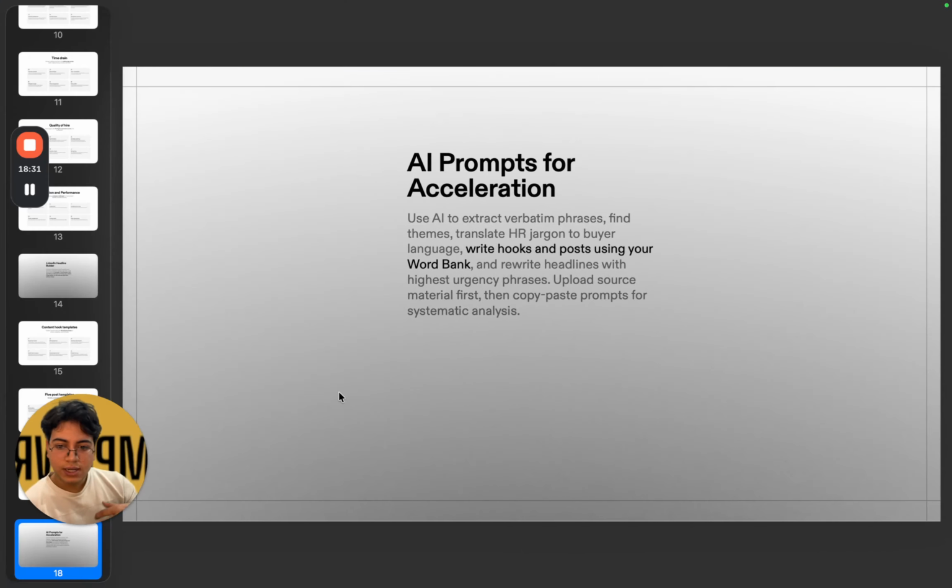A quick tip from my side is to not use these prompts directly, because if everyone uses these prompts directly, everyone gets the same results. So what I want from you is to put the complete context there. Write everything about your service, your ICP third layer, second layer, first layer, and then start using those prompts.